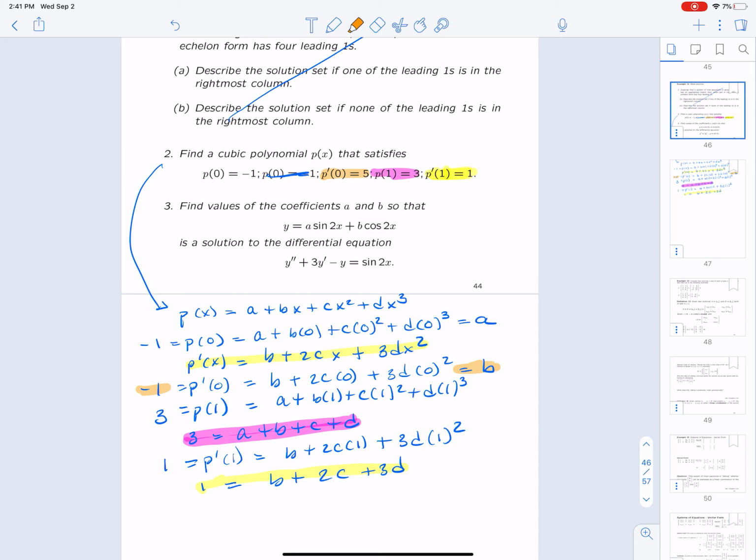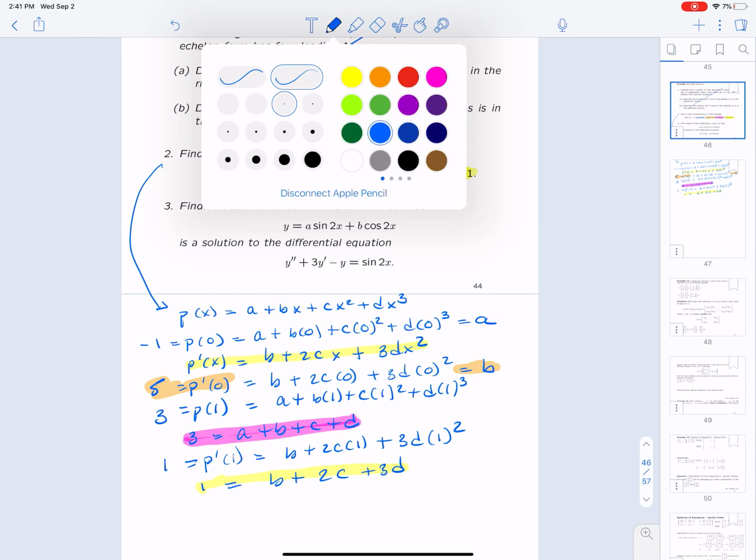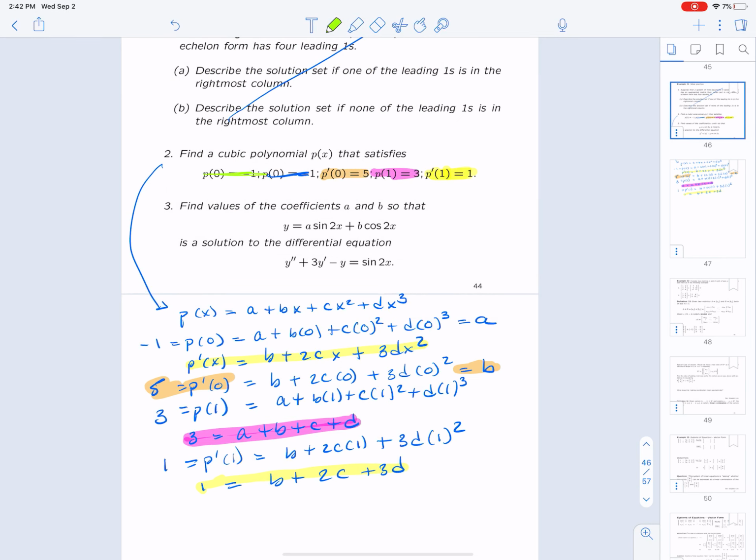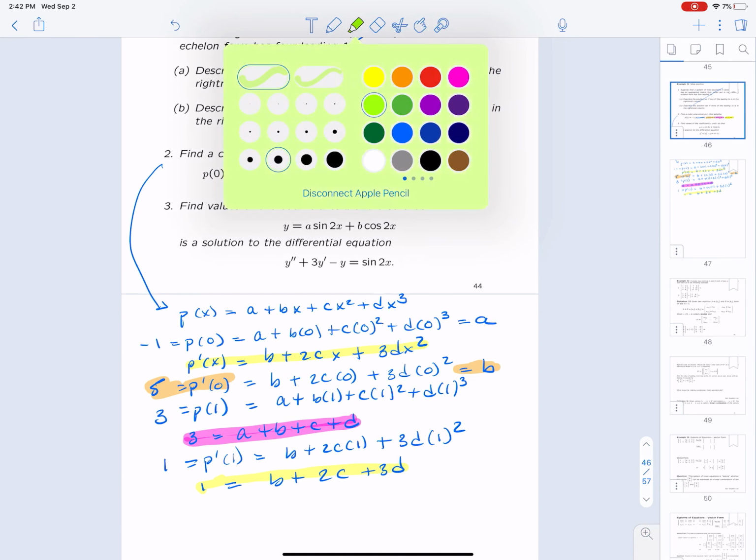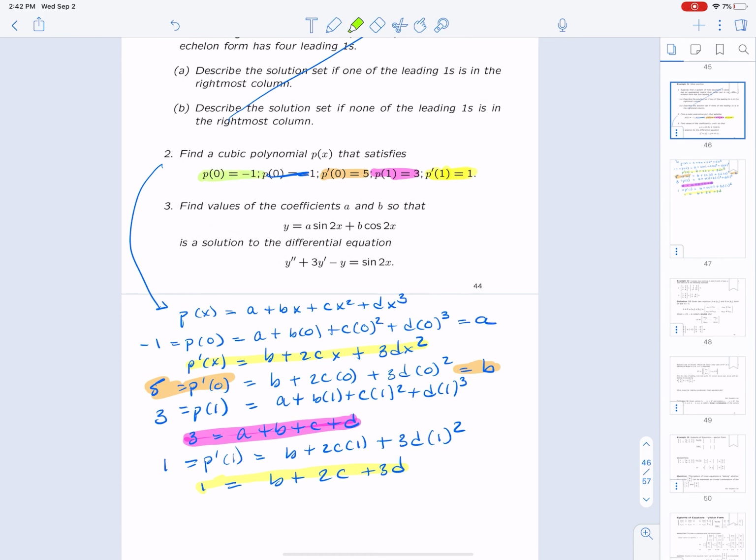Oh, p prime of 0 should have been not minus 1, but 5. Good, we checked our work. Let me highlight that again. And then last but not least, this first equation, p of 0 equals minus 1, that's what gave us this equation here.